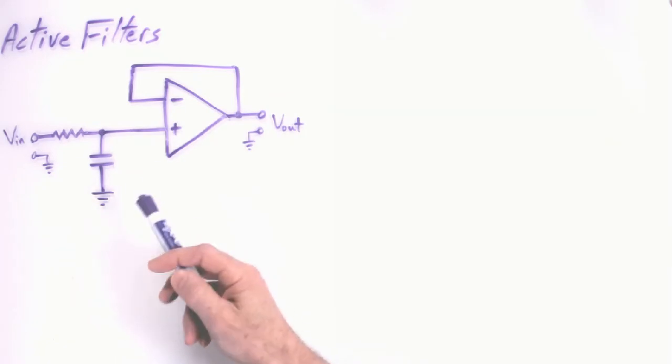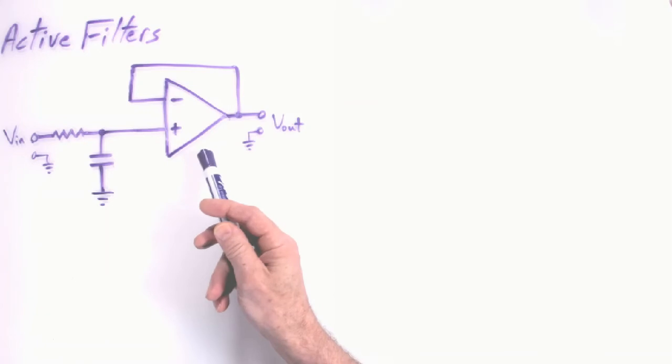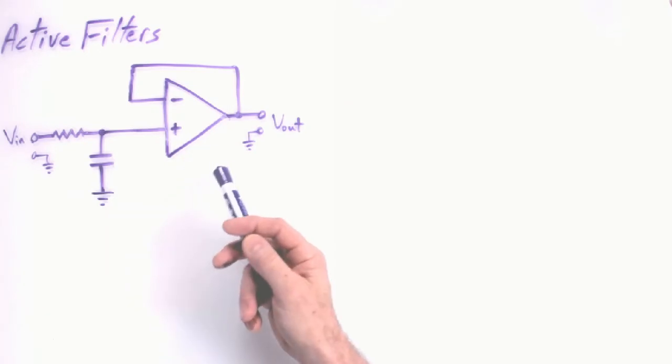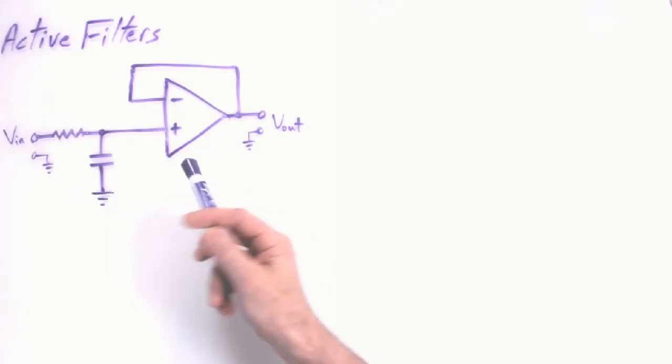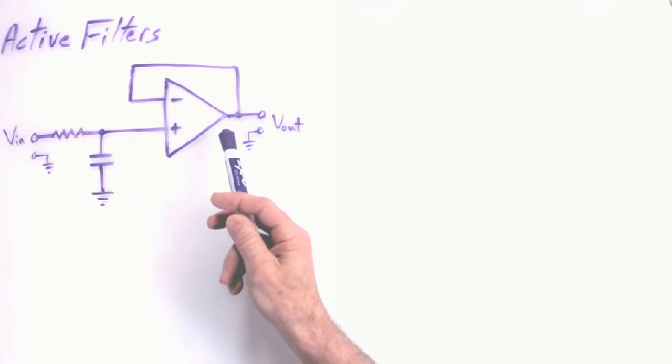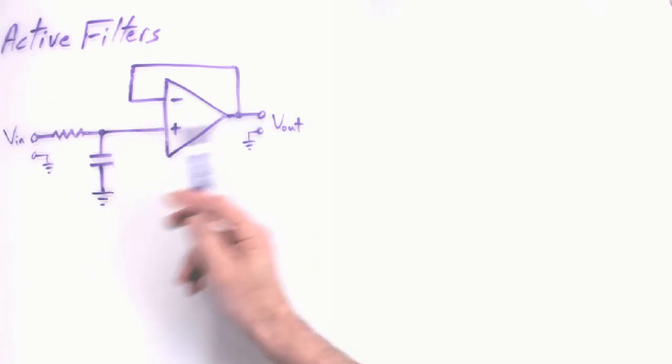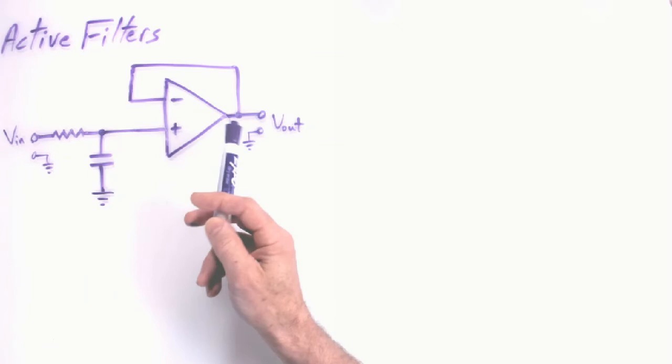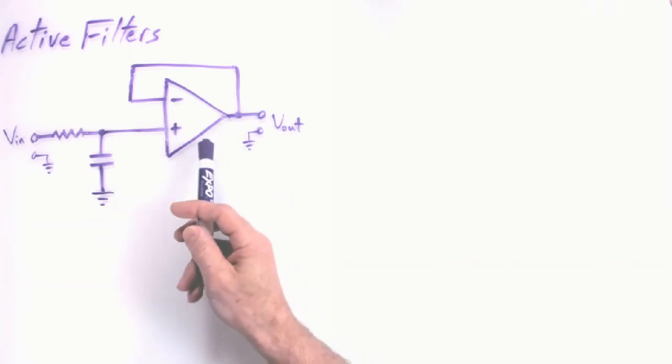It can be totally done away with by adding the active circuitry that an op amp brings to the table. And you can see a simple buffer, we could call this, a voltage follower rather.